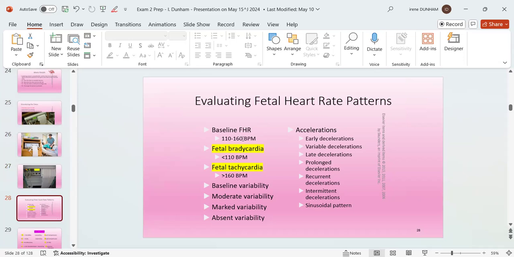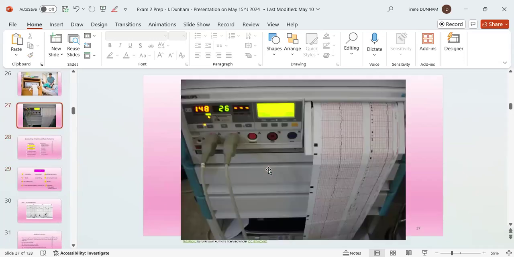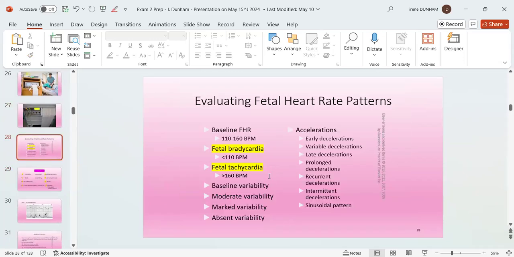Anything above 160 would be tachycardia. And we talked about the baseline variability, okay? And we classified under moderate, marked, or absent. Well, moderate is like 5 to 25 beats per minute, which is great. Marked would be greater than 25 beats, and absent would be 0 to 5, okay?